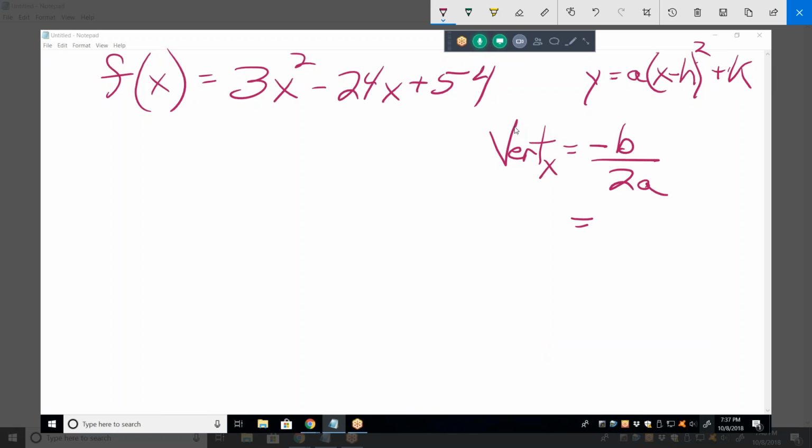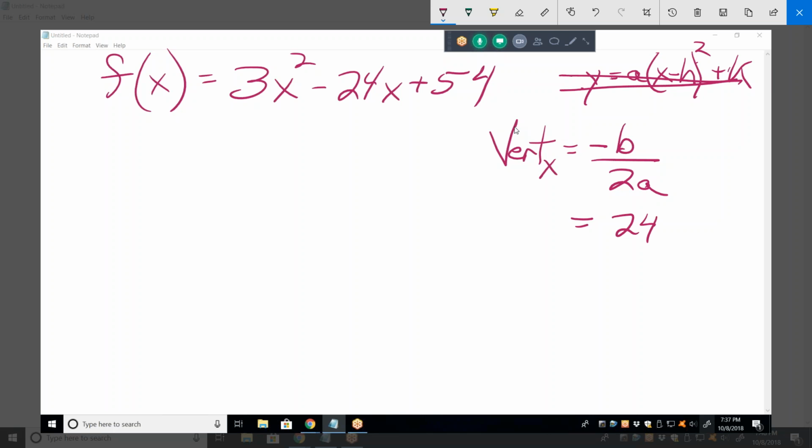Plug in the numbers. What's minus b? So minus b is negative 24. No. What's b? B is negative 24, right? Okay, so what's minus b? So that would just be 24. Don't drop negative signs.